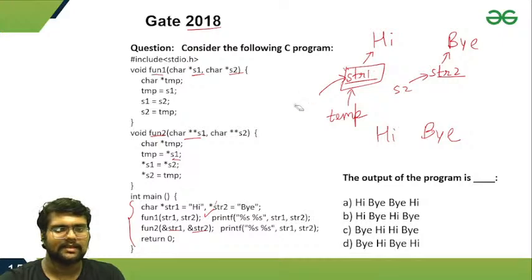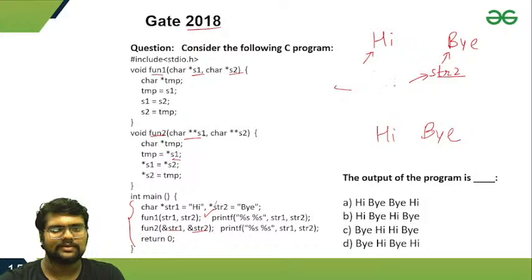let me just clean it and let me assign some address to it first. Okay, so it will be easy for us then. Okay, so let's suppose this address is 1000 and this is 1001, 1002.